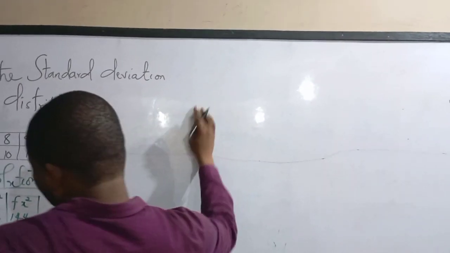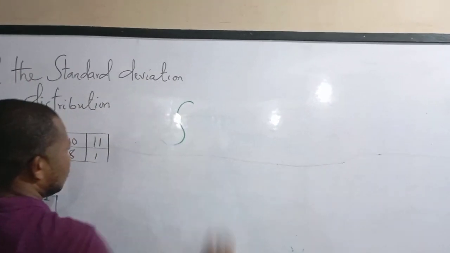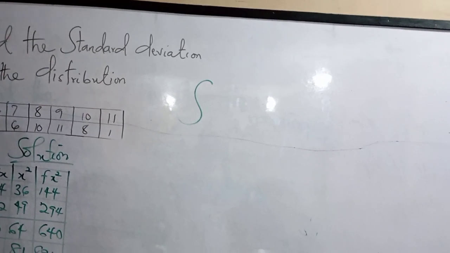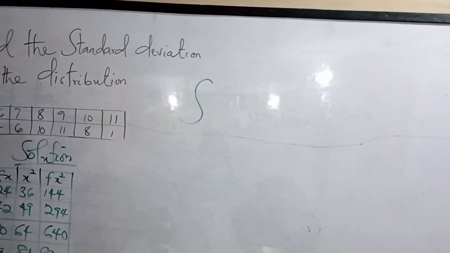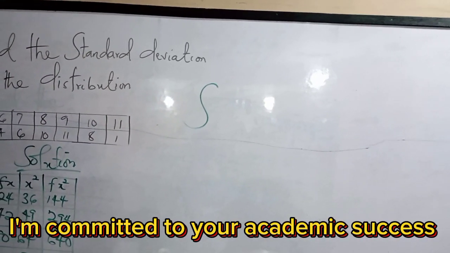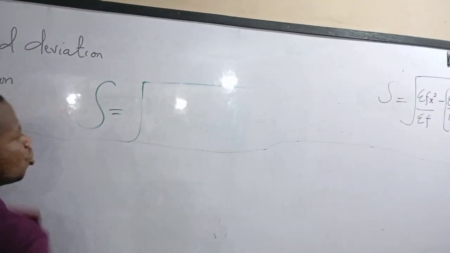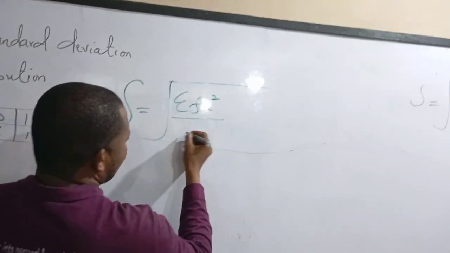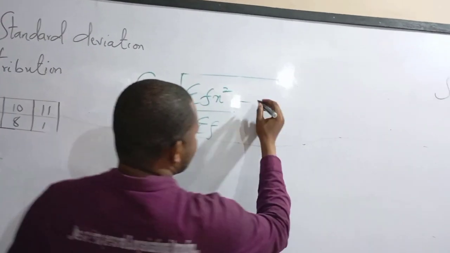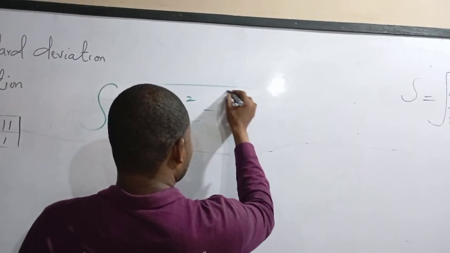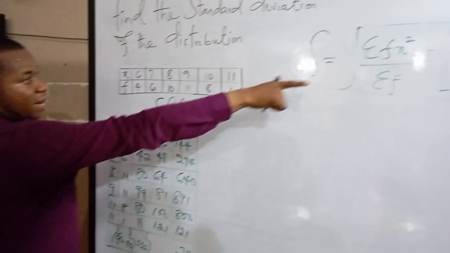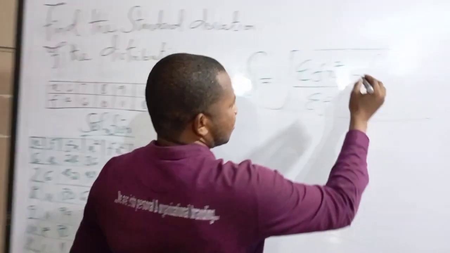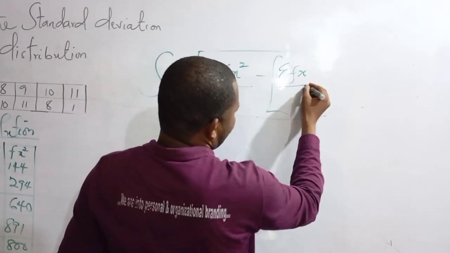So you must know that the standard formula for standard deviation, which we represent with letter S, for frequency distribution, classified frequency distribution data, or what we call grouped data, is the square root of summation f of x squared, all divided by summation f, minus the square of summation f of x all divided by summation f.